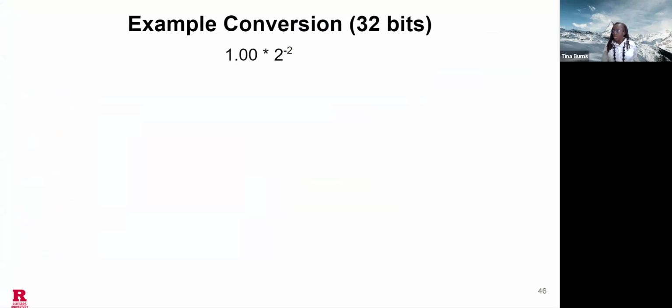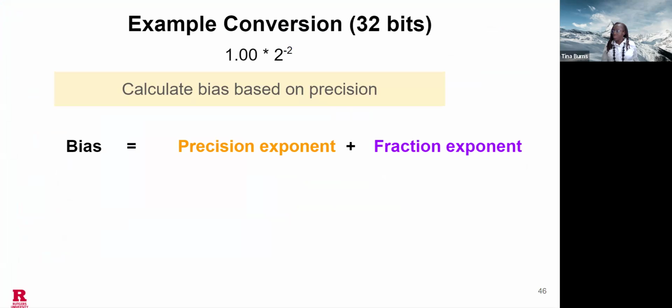All right, now let's calculate the bias, right? We moved it 2 places to the right. So when we do our calculation, the precision exponent we know already from the previous slide is 15, and we're going to add the fraction exponent, which ends up being -2.